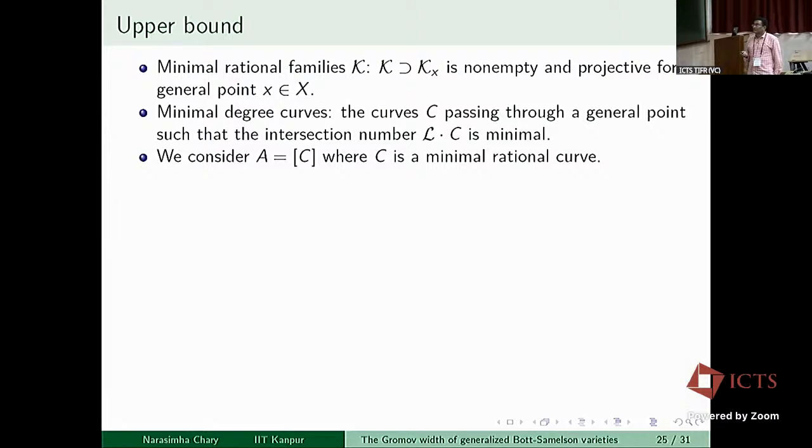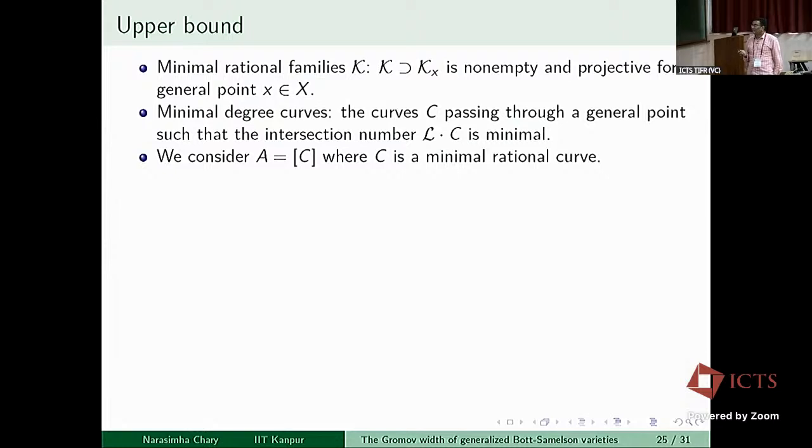Minimal degree curves are minimal rational, but there might exist minimal rational curves which are not of minimal degree. So in our Gromov-Witten invariant, we take this curve.